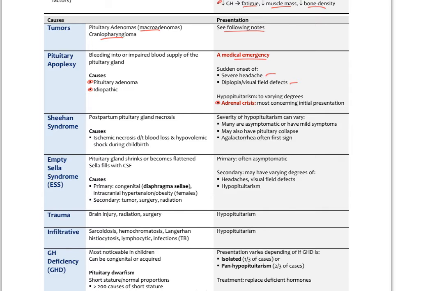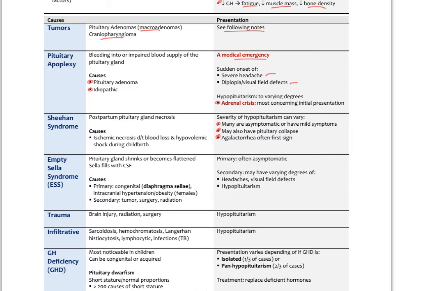A lot are asymptomatic, have mild symptoms, again, might not be diagnosed for years later. Can also have massive pituitary collapse, could have the adrenal crisis. That would be pretty rare, but that's certainly something to be aware of. And then many women actually just have low prolactin as the first sign that triggers us to investigate this. They don't make breast milk, they have agalactorrhea, and it's a result of the low prolactin.